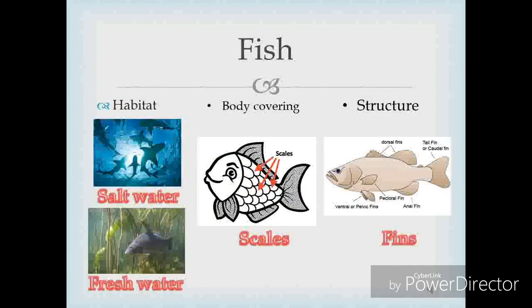Here we have the third group, and it's the group of fish. Different to mammals and birds, fish live in water, and they can live in salt or fresh water. Their body is covered with scales, and the principal characteristic when we talk about the structure is that they have fins, which help them to swim.